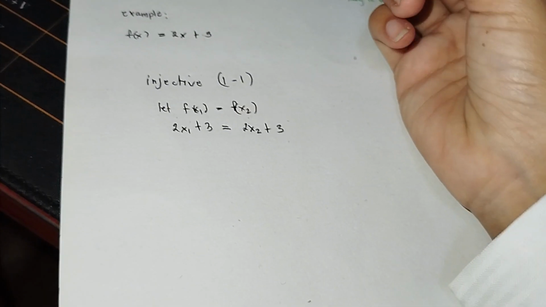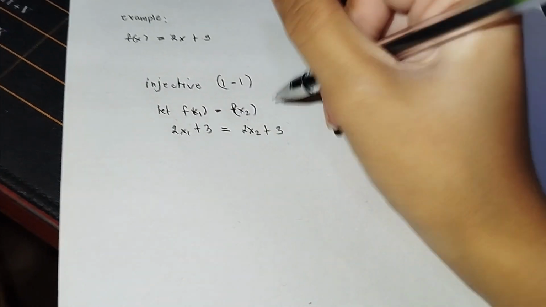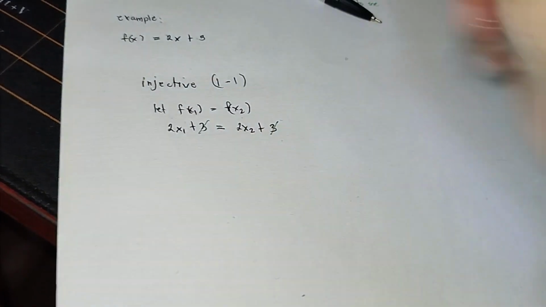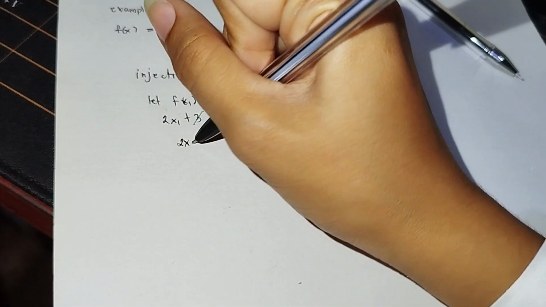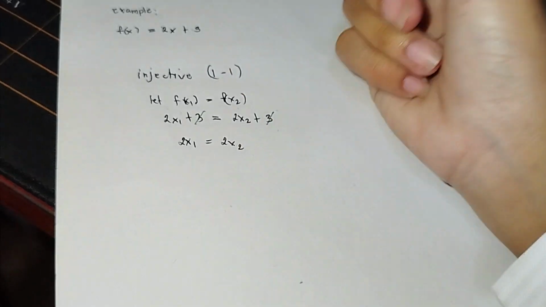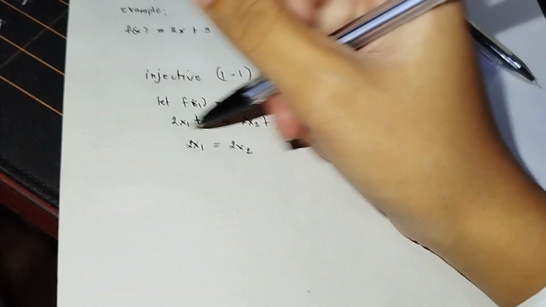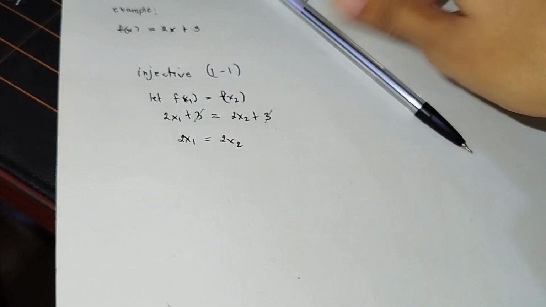Do you see anything we can cancel? Of course, the number 3. After canceling, what remains is 2x sub 1 is equal to 2x sub 2. We can cancel again by dividing both sides by 2.